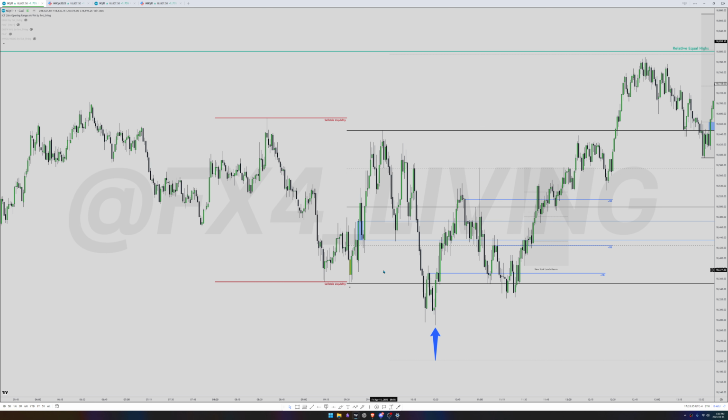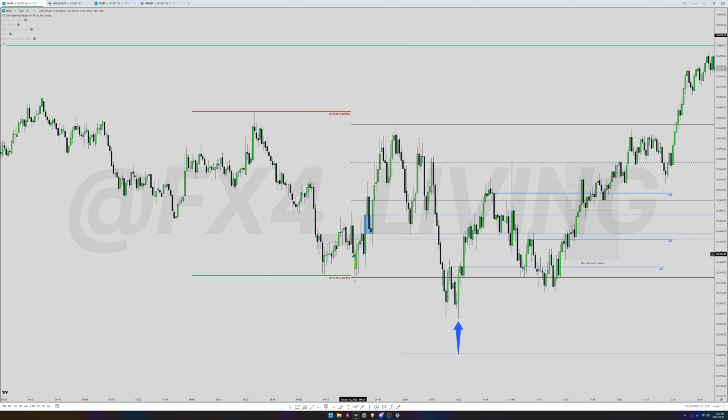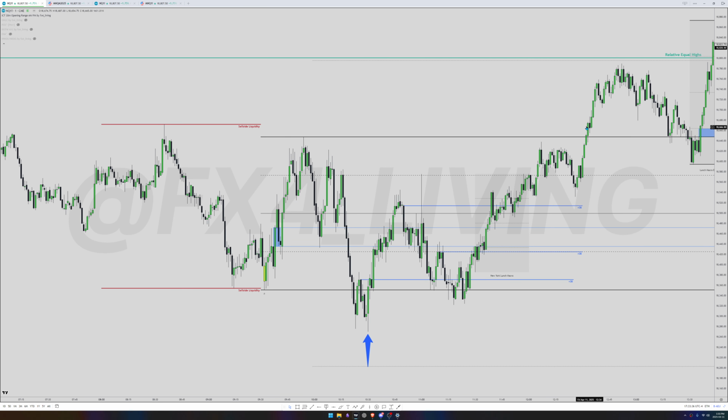What the indicator does basically is identify the first one minute that drops below either the low of the 8 a.m. to 9:30 or the high from the 8 a.m. to 9:30. So it's only the first, okay? It's not gonna show you the high because the low has been taken already here.